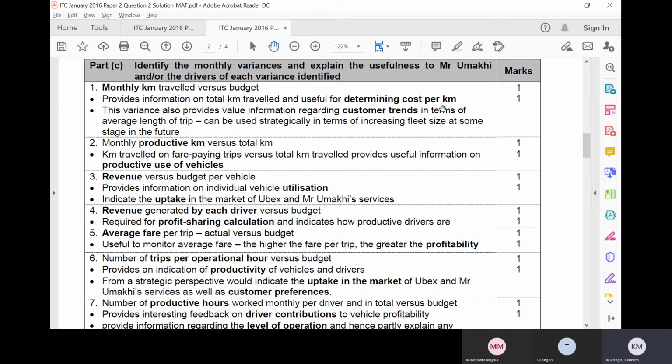Customers driving shorter means less petrol, but then we're going to need a lot more customers each trip just to make a certain amount of money. Right.